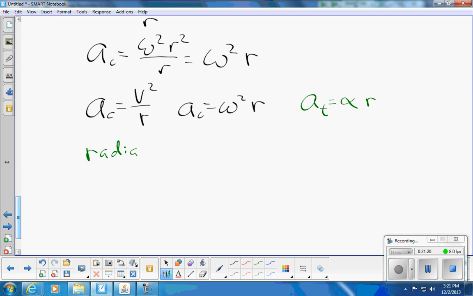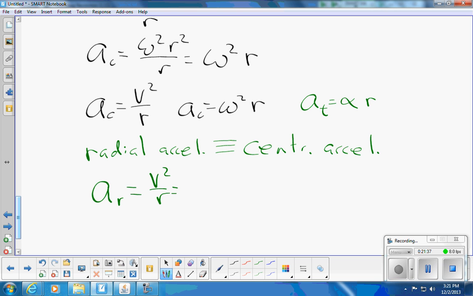Radial acceleration is exactly the same as centripetal acceleration. You'll just find some people use the term radial instead of centripetal. So if you see an a subscript r, that stands for radial acceleration, v squared over r, or omega squared times r.